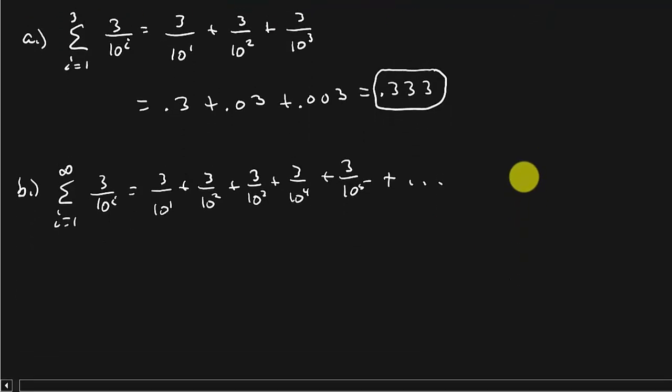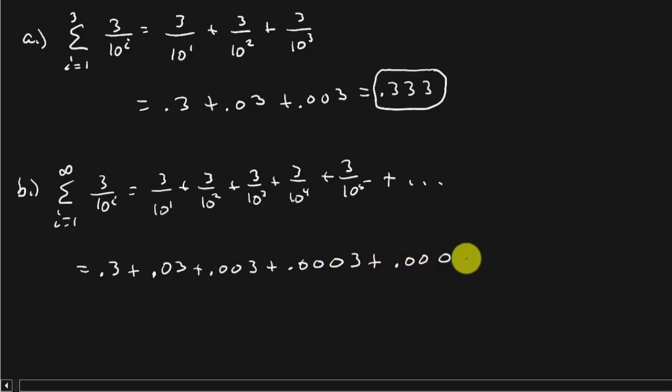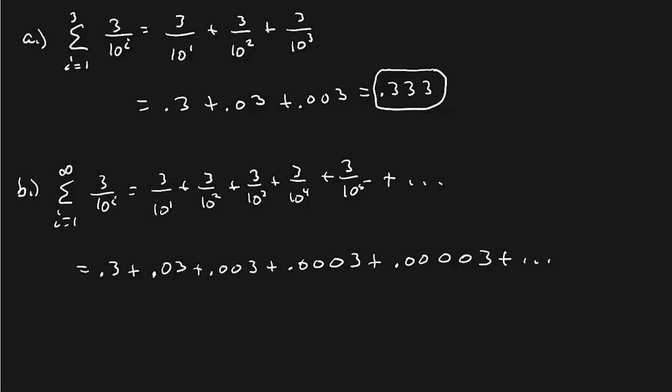And so just calculating the first 5 terms, that's going to be 0.3, that's 3 over 10 to the first, plus 3 over 10 squared is 0.03, and then plus 0.003, and then plus 0.0003, and then plus 0.00003, plus, and then it just continues on. And you can see the pattern that we're picking up.